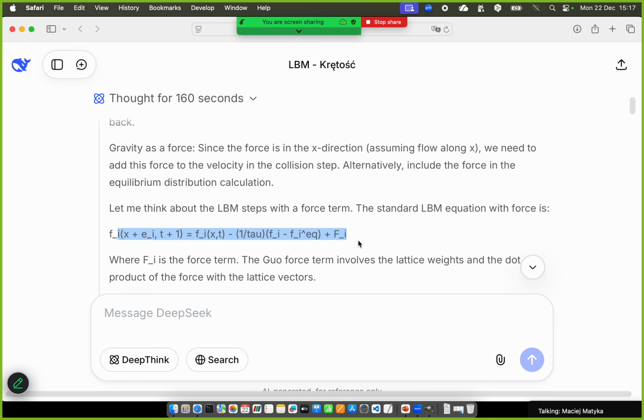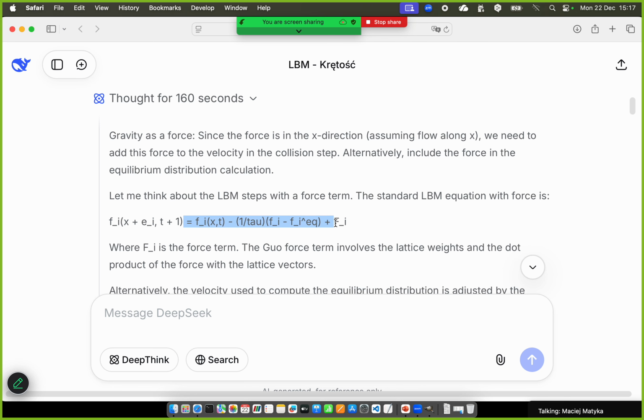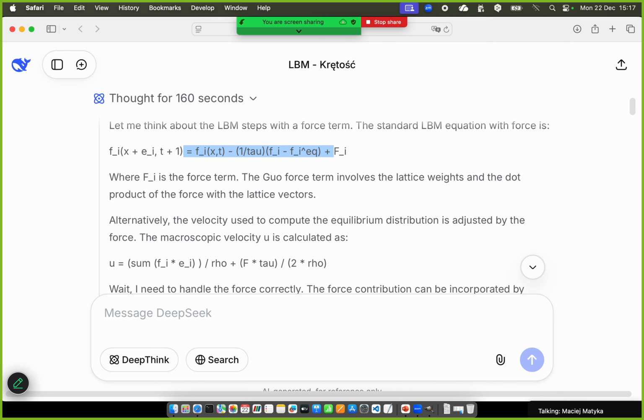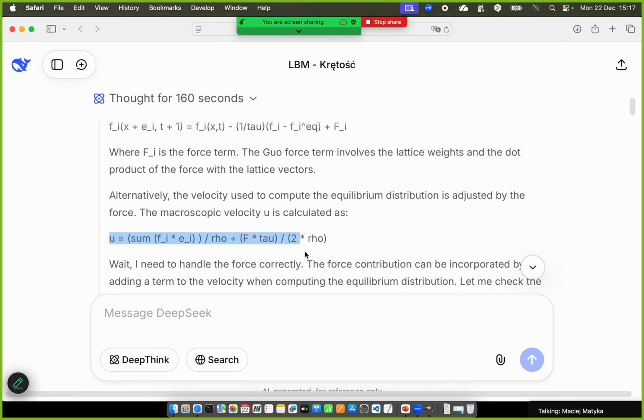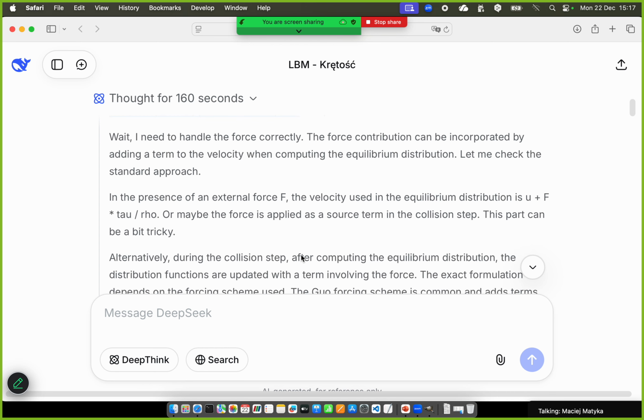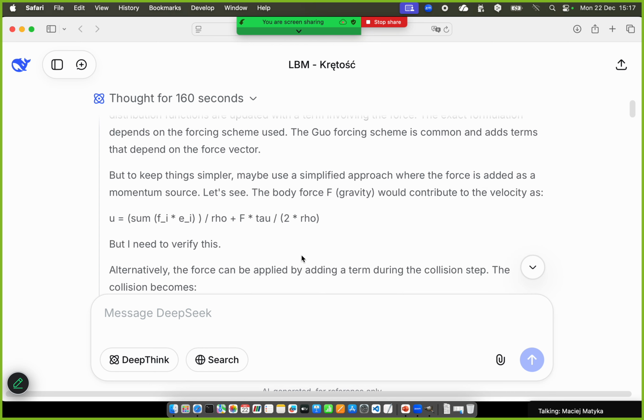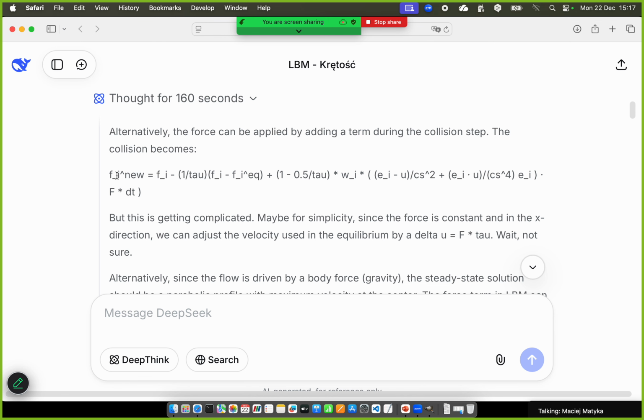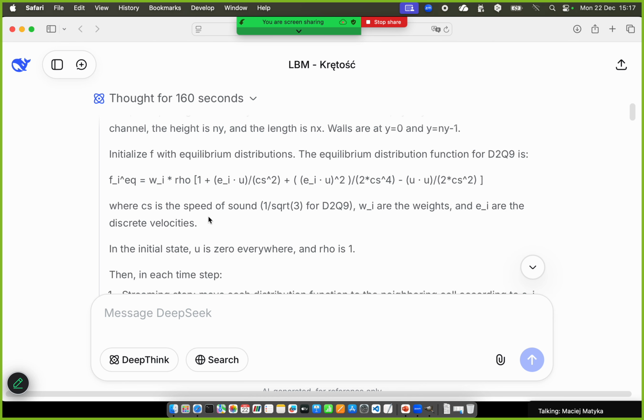So there is the equation for the transport and collisions of the distribution functions of lattice Boltzmann, pretty standard for people from the field, and so on and so on. Here are the macroscopic values of velocity that are calculated from the distribution function. There is the equilibrium distribution function from the Maxwell distribution, and so on and so on.